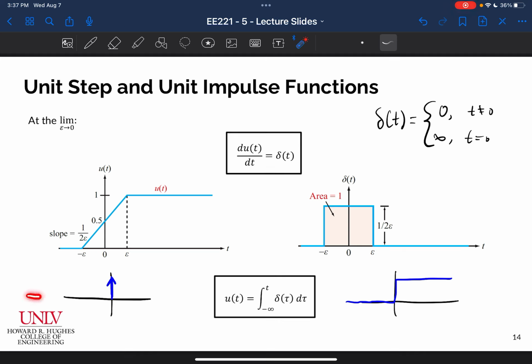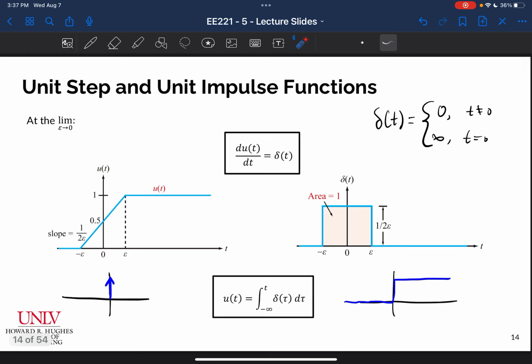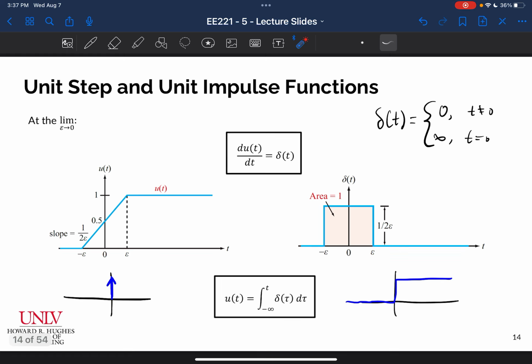We're taking the integral: 0, 0, 0, 0, 0. We get to this point. We know the integral under one of these spikes is 1, and then we keep integrating 0, 0, 0, 0, 0. So from negative infinity to infinity, the integral of this is a value of 1, right? And that's exactly what we see in the unit step function.